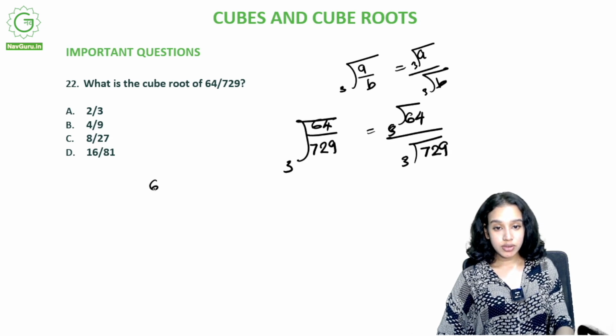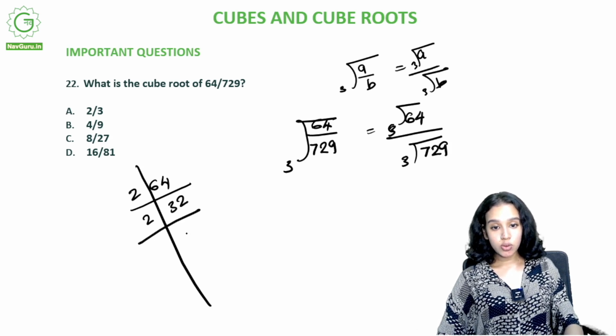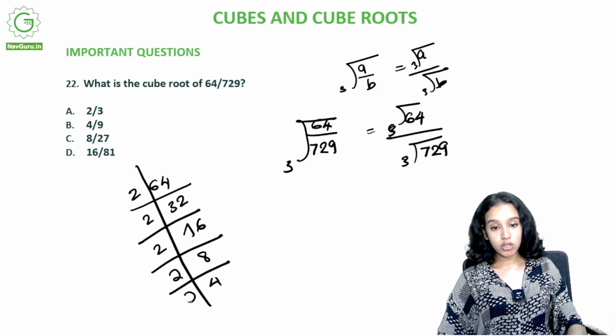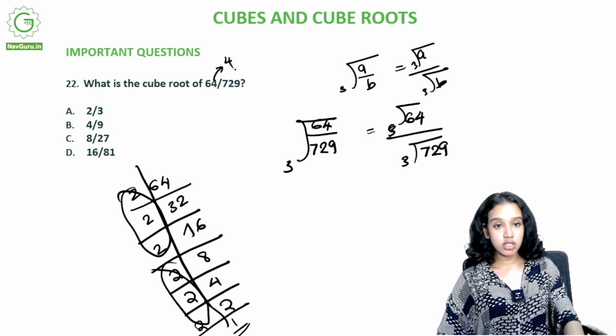So, cube root of 64, again by prime factorization: 2, 32, 16, 8, 4, 2, 1. So, it's 2 into 2, that is 4, so cube root of 64 is 4.